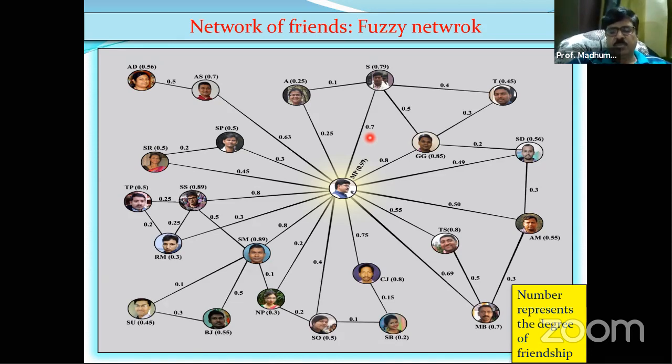Connectivity between any two people is not certain in a fuzzy network or WhatsApp or any kind of social network. The interaction between any two people is not possible throughout the time interval. So this is basically a fuzzy network, an uncertain network. WhatsApp, Facebook, ResearchGate, Twitter, all the social networks are nothing but the ideal example of the fuzzy graph.